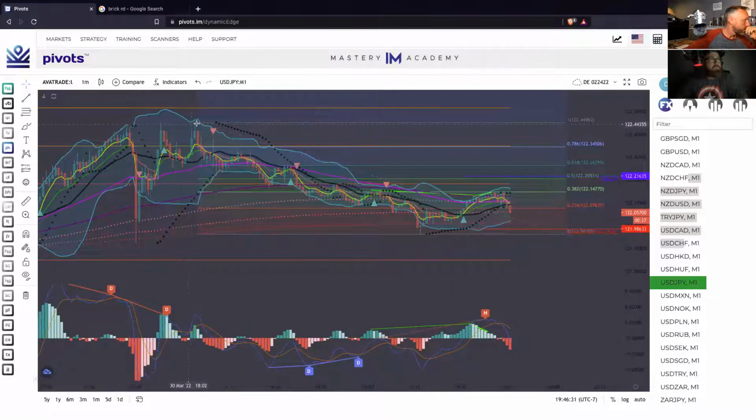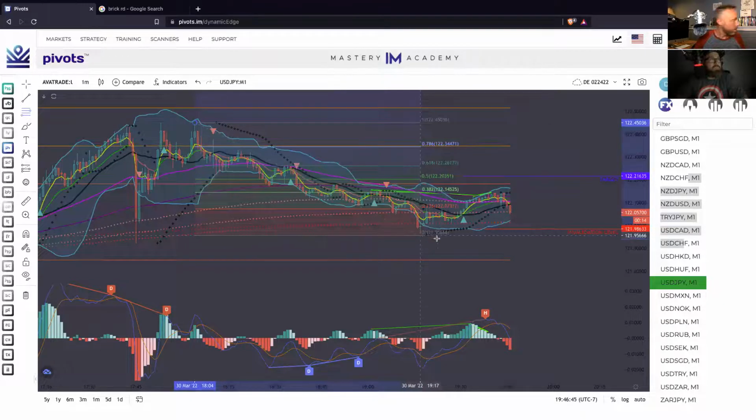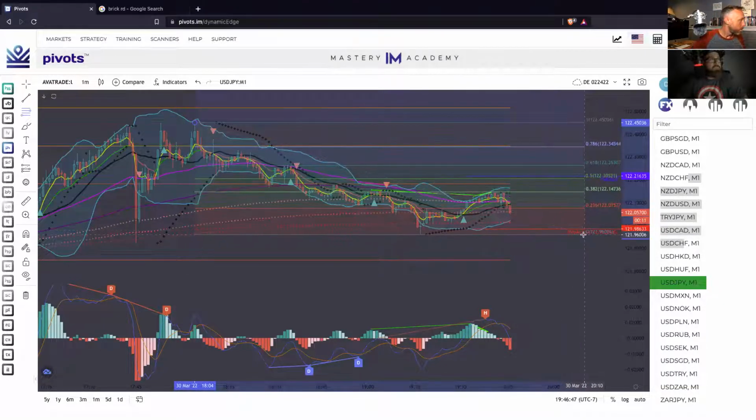We measured from here to here. Here, I'll measure it for you again, just so you can see it. This was our high point, from high to low. We're just going to drag it across all the way through so that we can see. And you can see from our low, price came up and tested this 382 level.